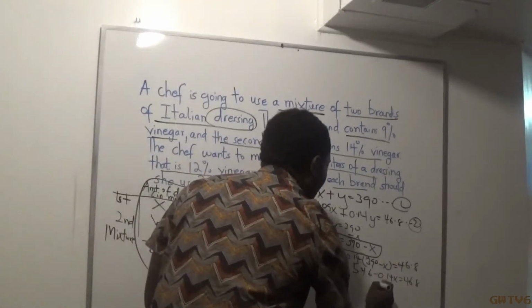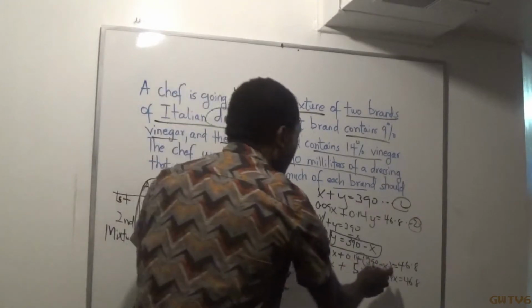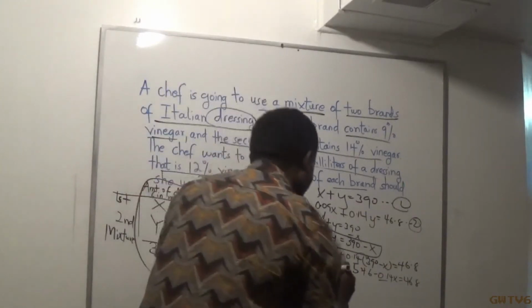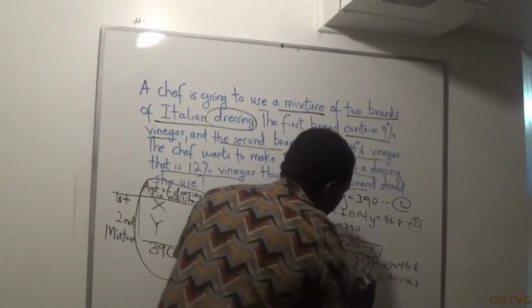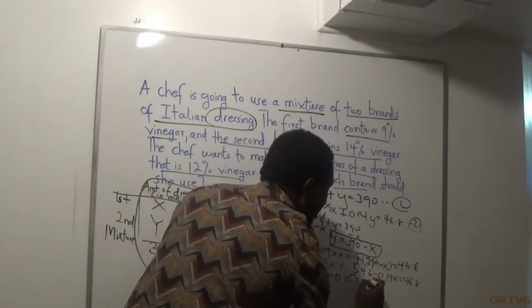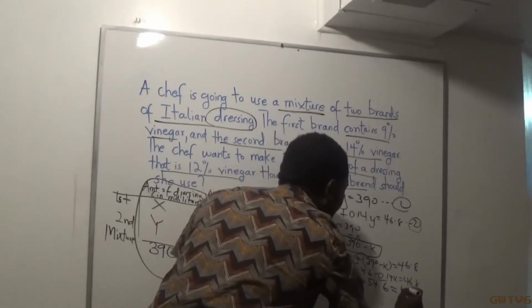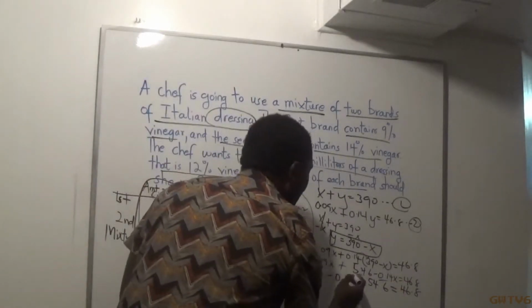And then on this side of the equal sign, I should be able to combine like terms. I'm going to go ahead and combine these two. So I have 0.09 minus 0.14, and that gives me negative 0.05x. And then I'm just going to bring down the plus 54.6 equals 46.8. I'm solving for x, so I want to have this by itself.